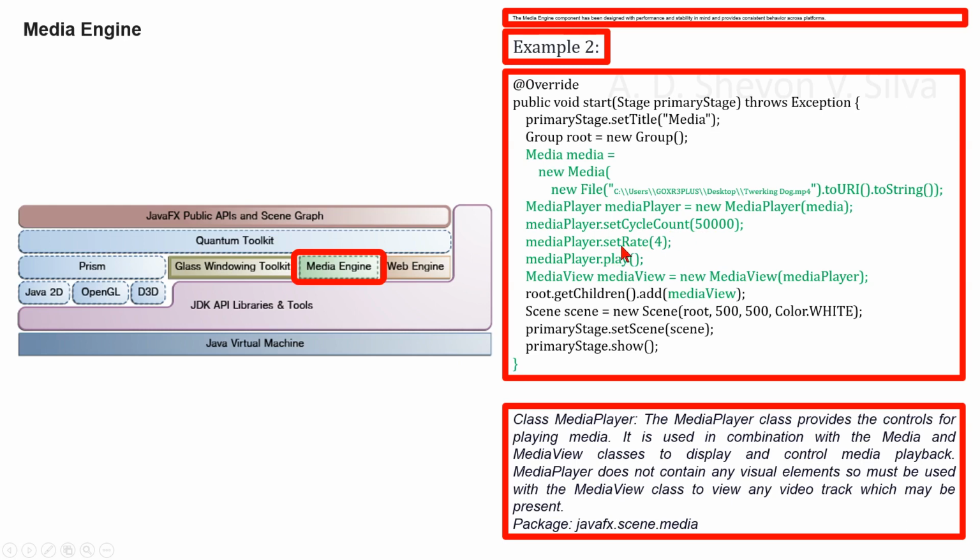Here the set rate method sets the playback rate to the supplied value, here 4. Its effect will be clamped to the range 0.0 to 8.0. Invoking this method will have no effect if the media duration is duration.indefinite.